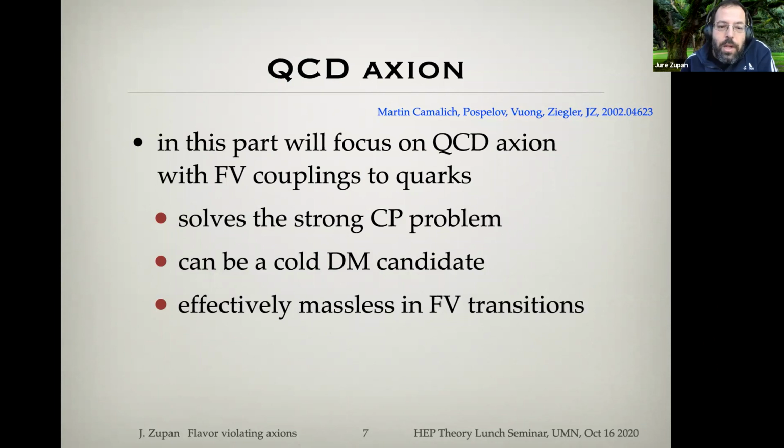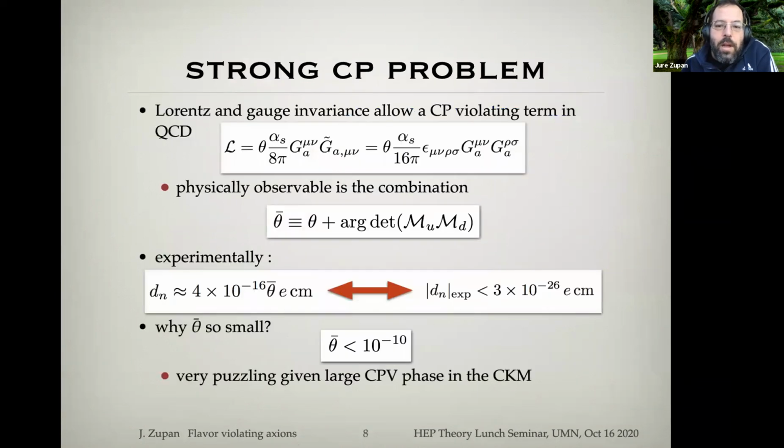Just to recap, this guy can solve the strong CP problem, can be a cold dark matter candidate. And for me, the most important thing is it's almost massless, with a very small mass that comes from the anomaly. So it's effectively massless in the flavor violating transitions.